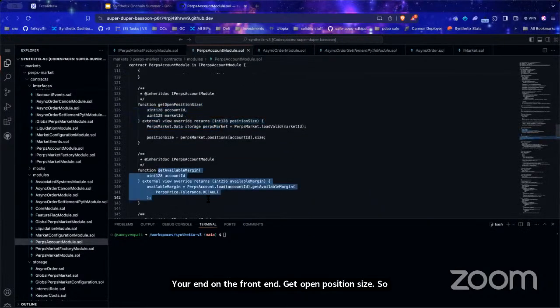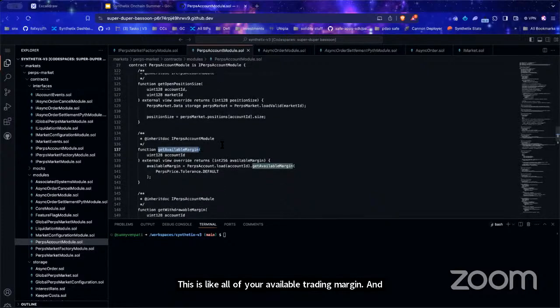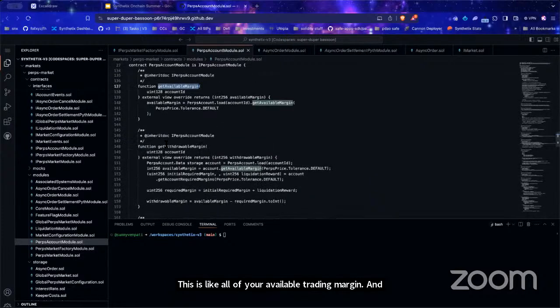This one's also pretty important. This is all of your available trading margin, and it takes into account all the P&Ls on your existing positions. This is also key to determine how much you can actually withdraw at any given point.